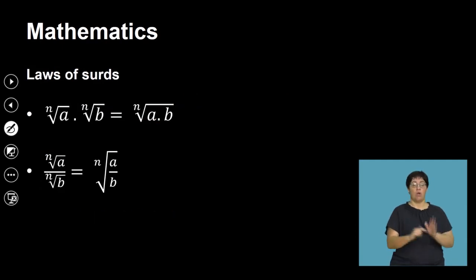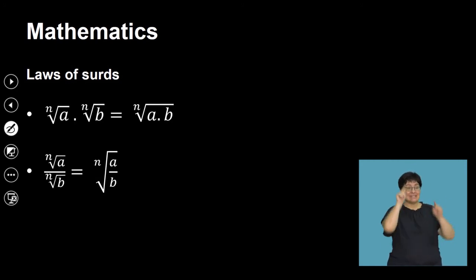So some laws of sets that we also have here is, if I am multiplying sets that are the same, the rule is you multiply what is inside the set. But remember, listen to what I'm saying. They must be the same, the sets.